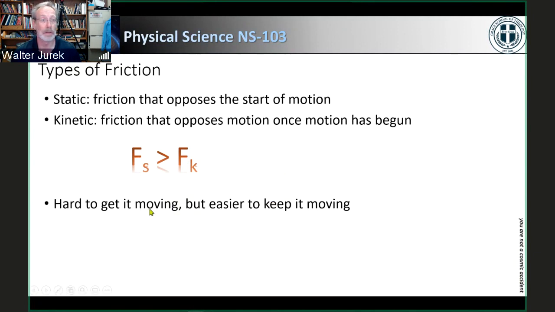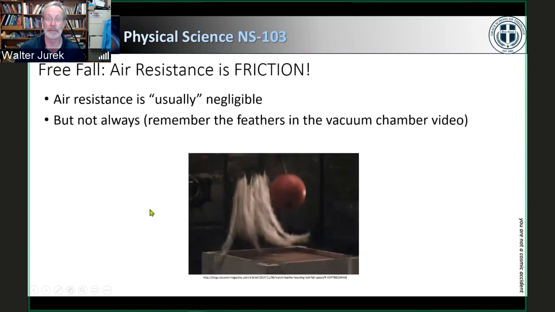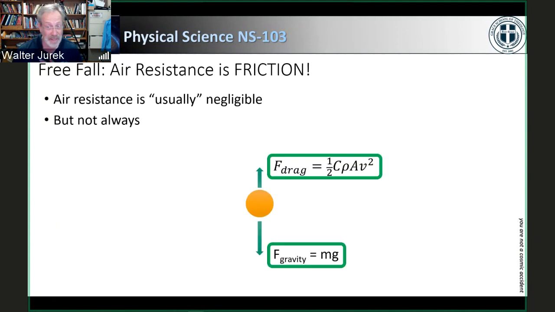Now, also, guess what? We talked about free fall last lesson. That air resistance, remember when we didn't have the vacuum in the chamber, we had air in that? That air resistance actually is a form of friction. And in fact, there's an equation that we can use to figure out how much that friction is.